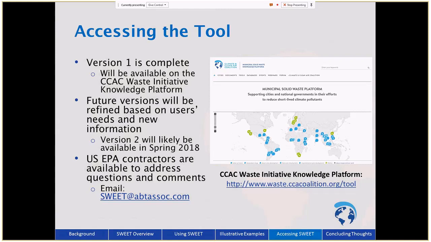Future versions of this tool will be refined based on users' needs and new information. Like I said, we anticipate putting out a version 2 in the spring of 2018, and we'll try to address comments that we receive on version 1 before we finalize version 2.